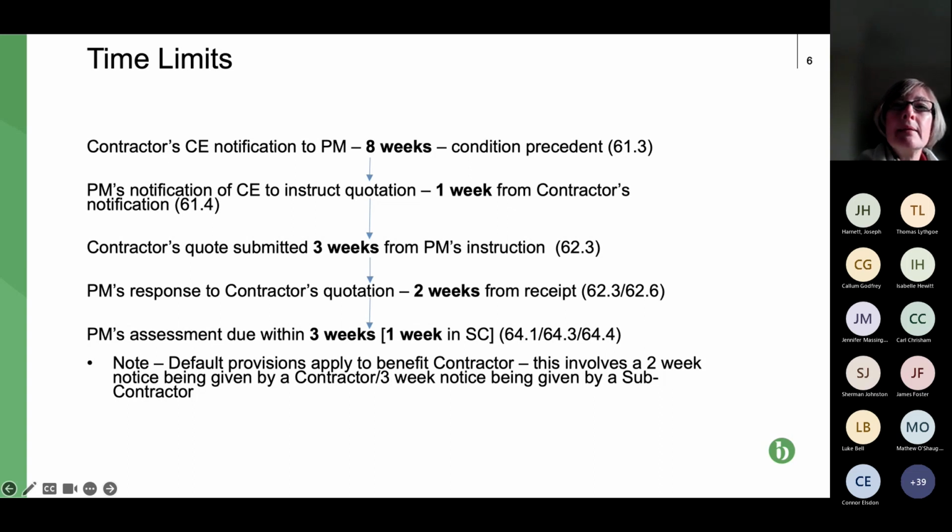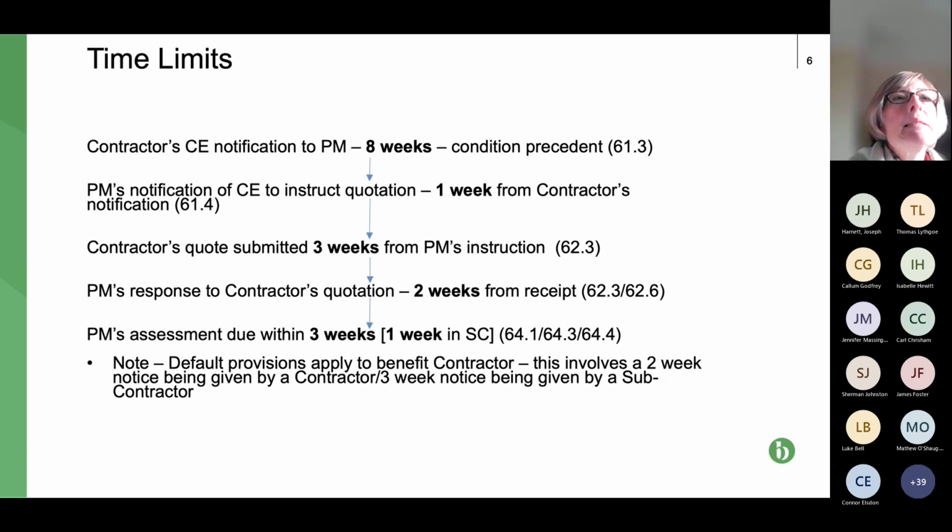It sort of makes sense, it's pretty logical. But what the contract doesn't say is things like what happens at the start of the project if the contractor notifies a CE and the project manager says, I don't agree that that's a CE. What happens then? So we're going to kind of look at those types of scenarios.